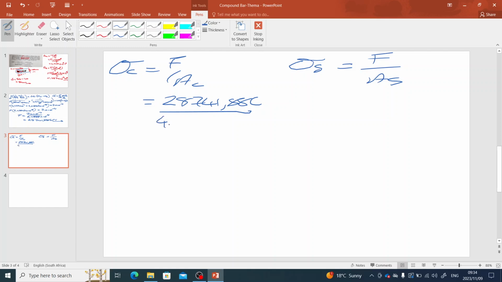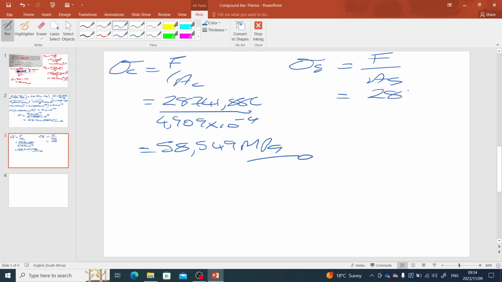Our area of copper is 4,909 times 10 to the power negative 4. Then I get my stress there as 58,549 megapascal. Then my stress here will be 28,741,886 divided by area of steel. Our area of steel is 1,257 times 10 to the power negative 3.